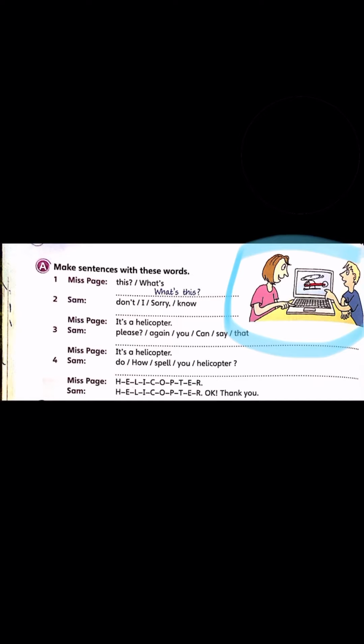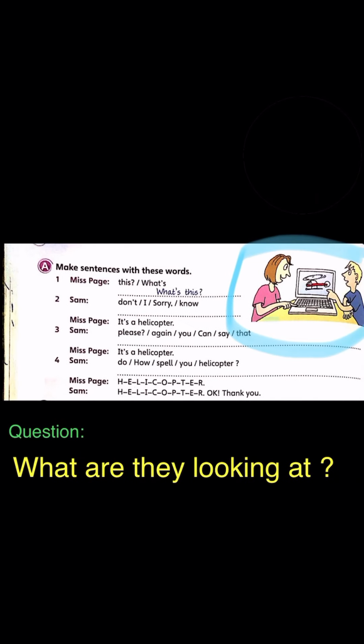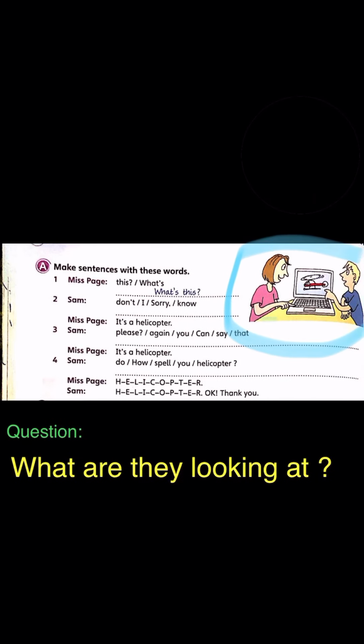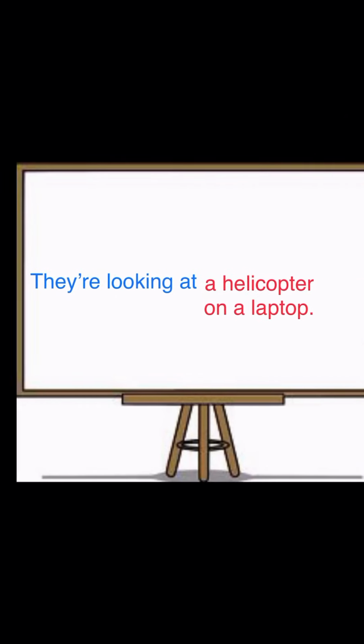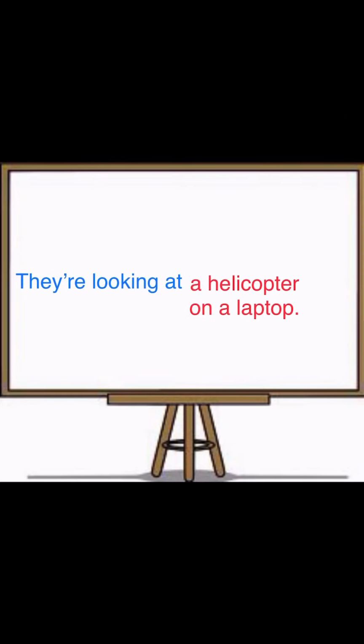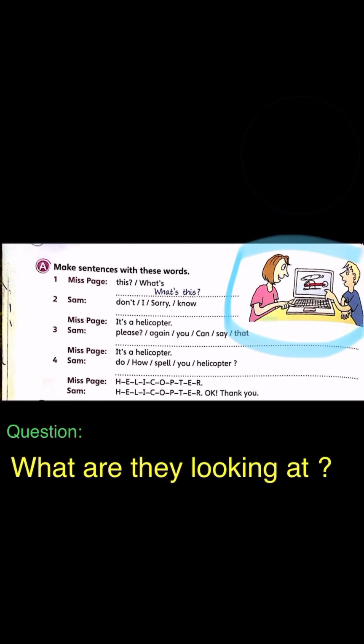They're looking at, yes, this is the question. So they're looking at a helicopter on a laptop. This is the laptop, and inside it we have a picture of a helicopter. Now the boy Sam doesn't know this word in English.